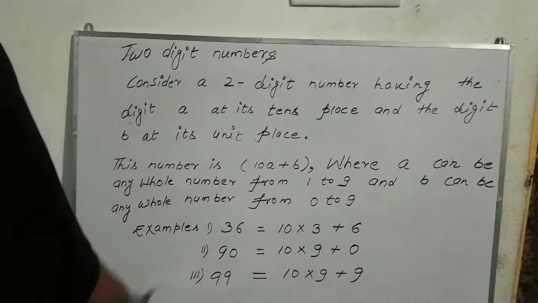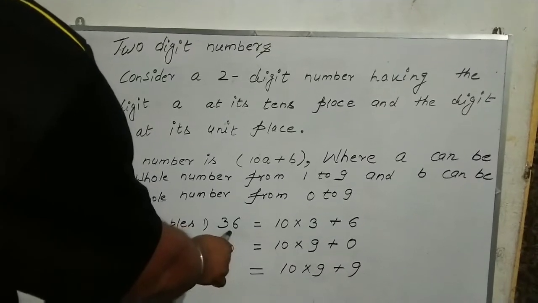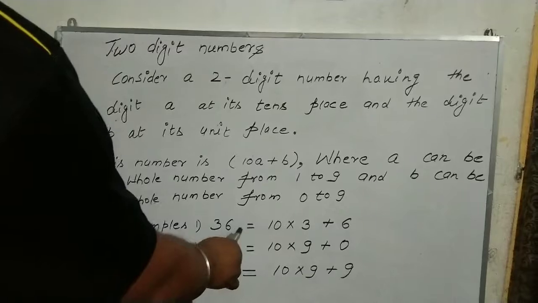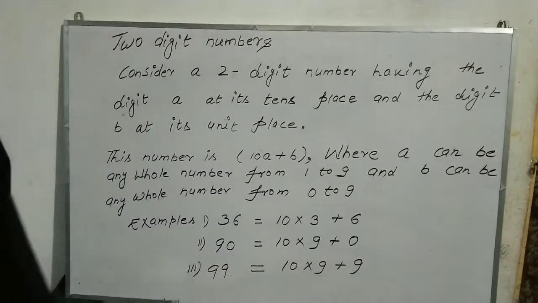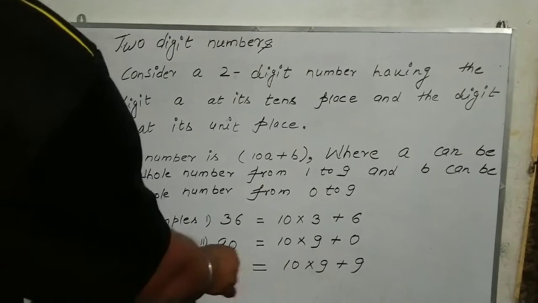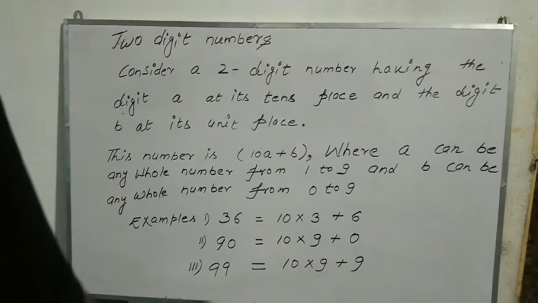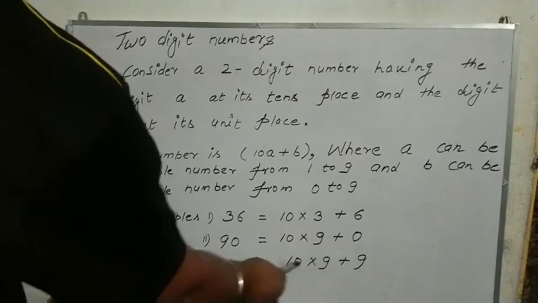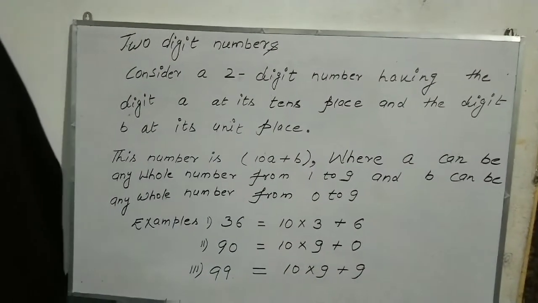A few examples. Example 1, 36. 36 is a two-digit number because there are only two digits. So 36 is equal to 10 into 3 plus 6. Second example, 90. Again it is a two-digit number, so 90 is equal to 10 into 9 plus 0. And the third example, 99, is equal to 10 into 9 plus 9.